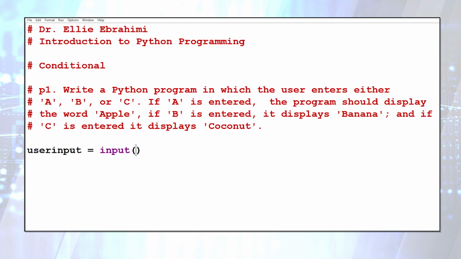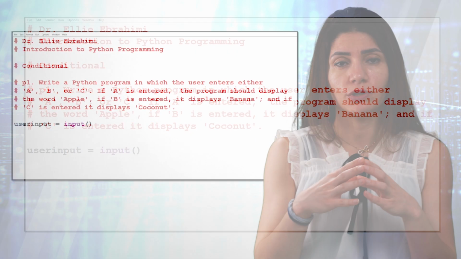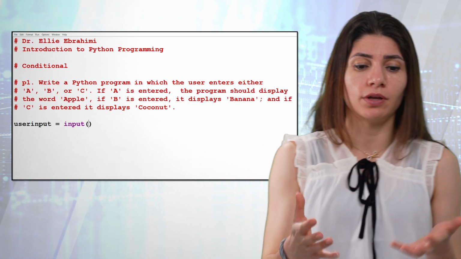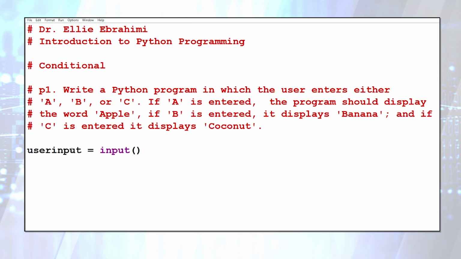In the parentheses for that input, we can have a message for our user to let them know what they should put in as an input for us. So I'm going to enter a message here saying, please enter A, B, or C. Okay, so we have that.